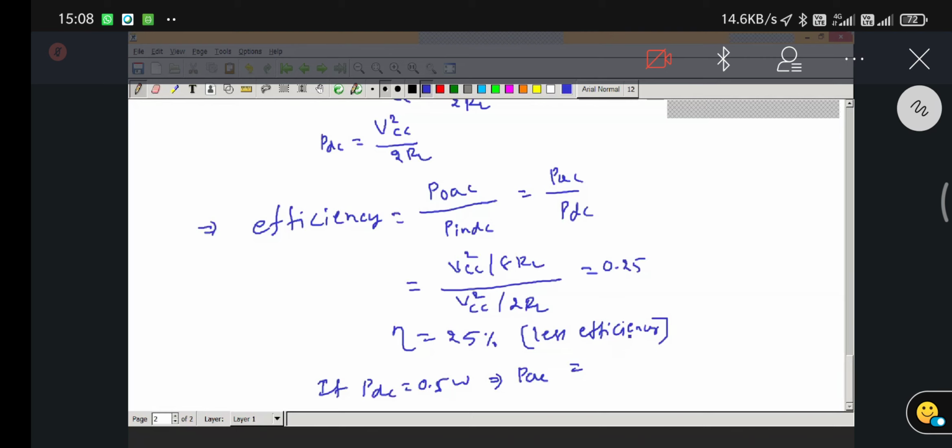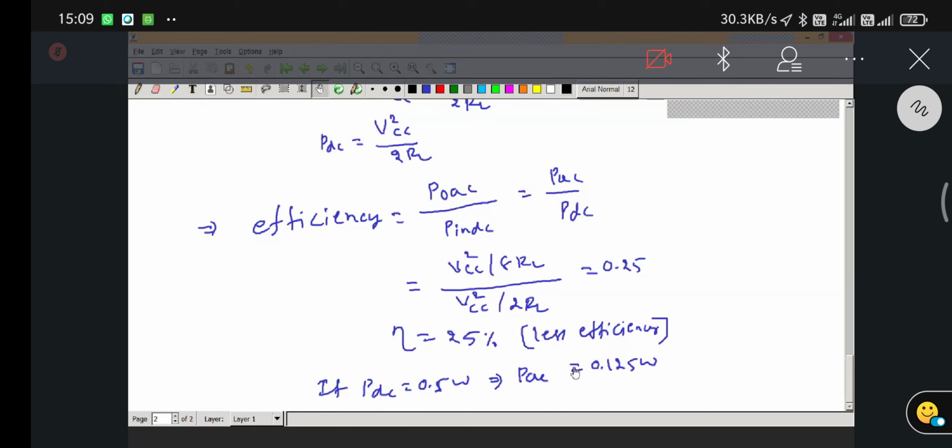It's about 0.125, right? So here, if we are giving the PDC as 0.5 volts, we are going to get PAC as 0.125 volts.